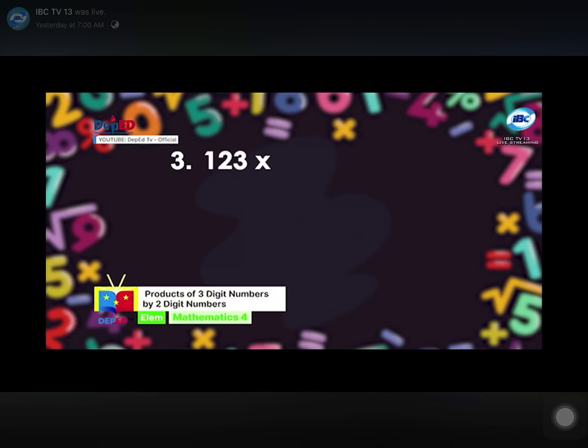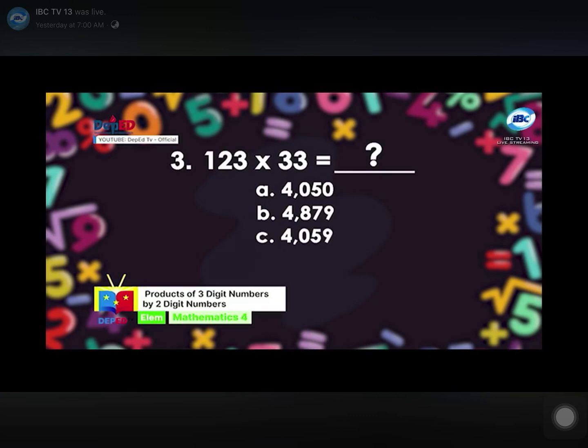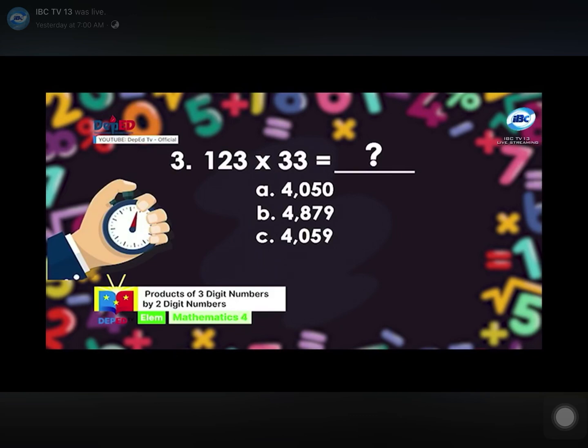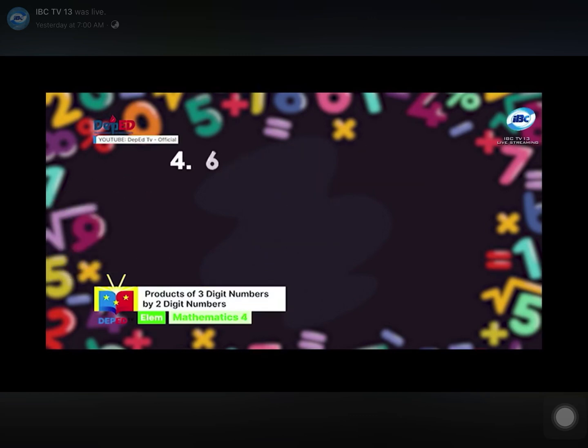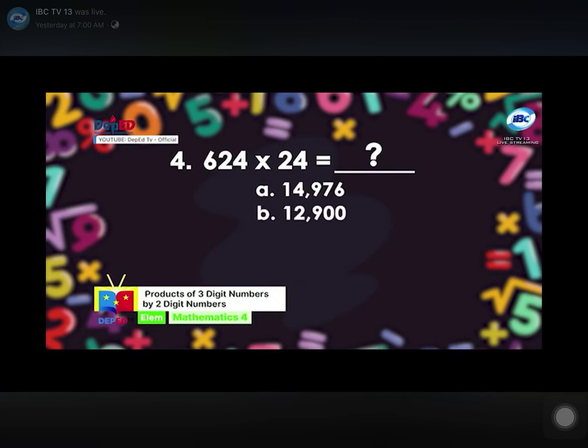Number 3. 123 times 33 is equal to A. 4,050, B. 4,879, C. 4,059. Number 4. 624 times 24 is equal to A. 14,976, B. 12,900, C. 10,432.